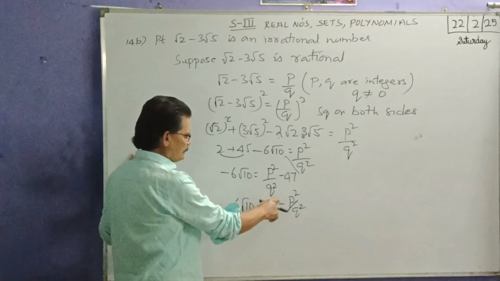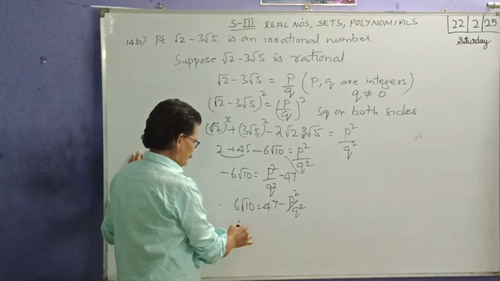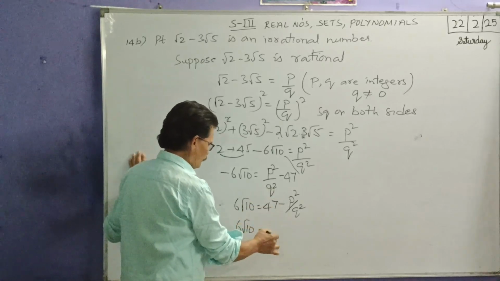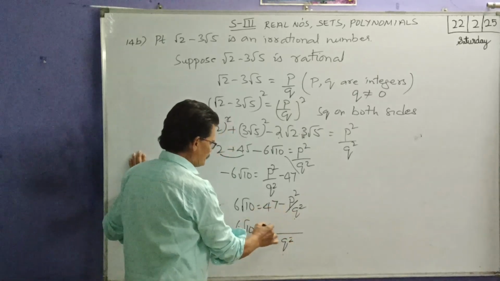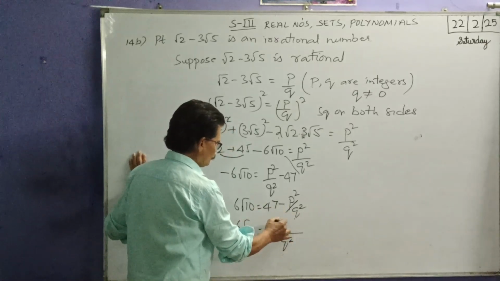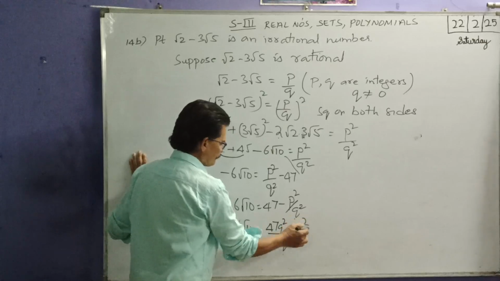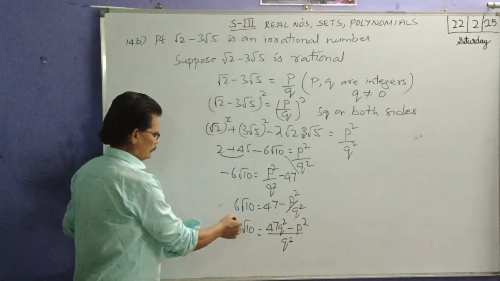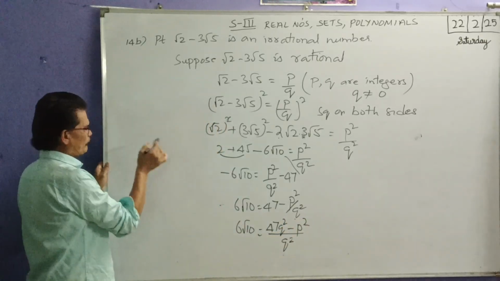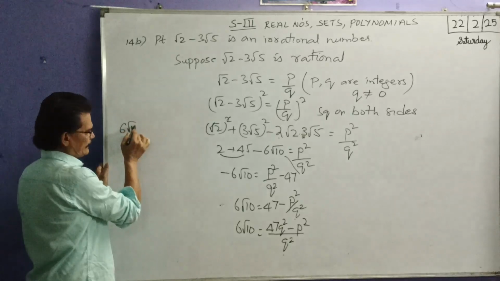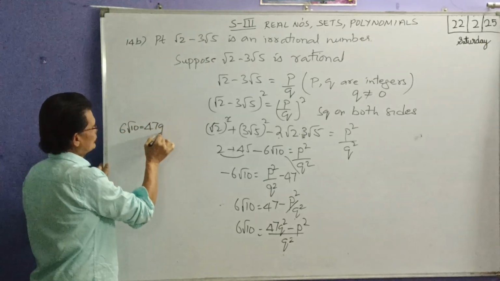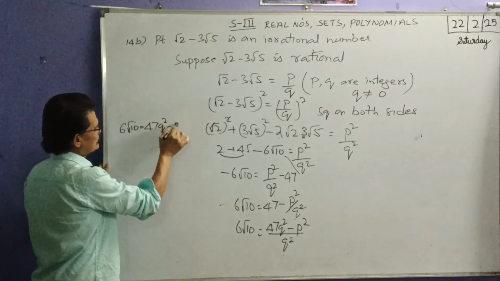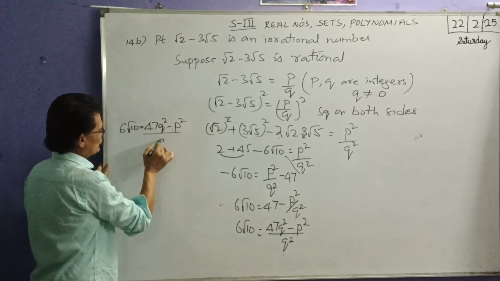Now taking the LCM. 6 root 10 is equal, LCM is q square. Q square into 47. 47 q square minus. Okay. Pursuing the problem. 6 root 10 is equal 47 q square minus p square by q square.